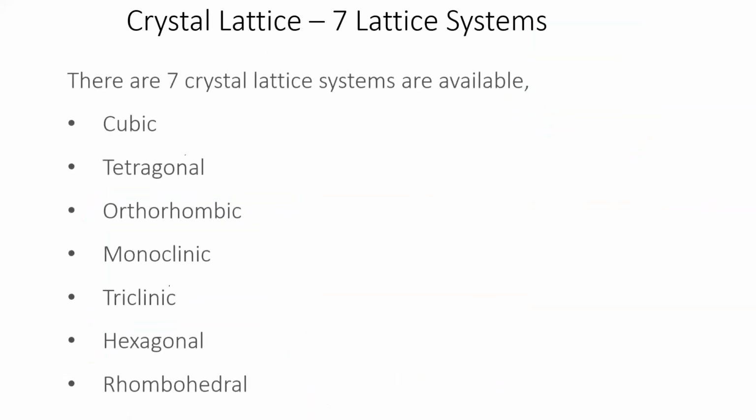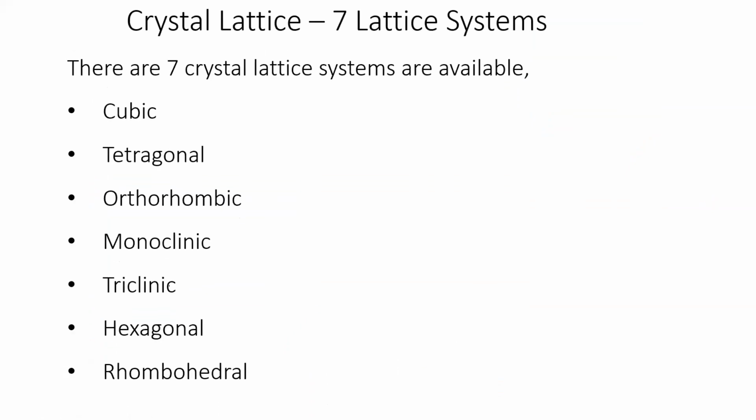Based on this, unit cells can be classified into 7 lattice systems: cubic, tetragonal, orthorhombic, monoclinic, triclinic, hexagonal, then rhombohedral. Simply we can remember it as "C Tom THR".